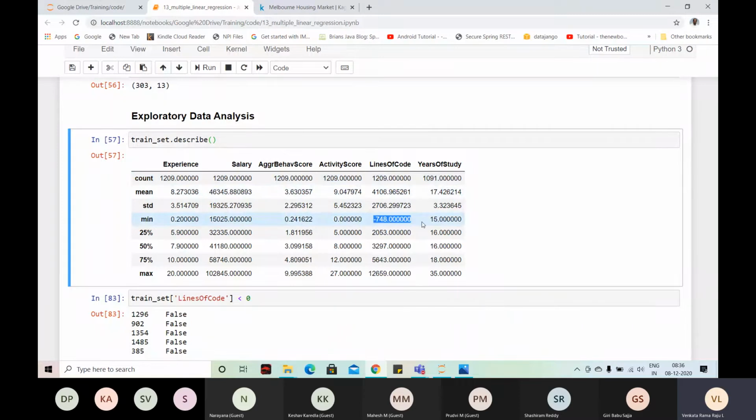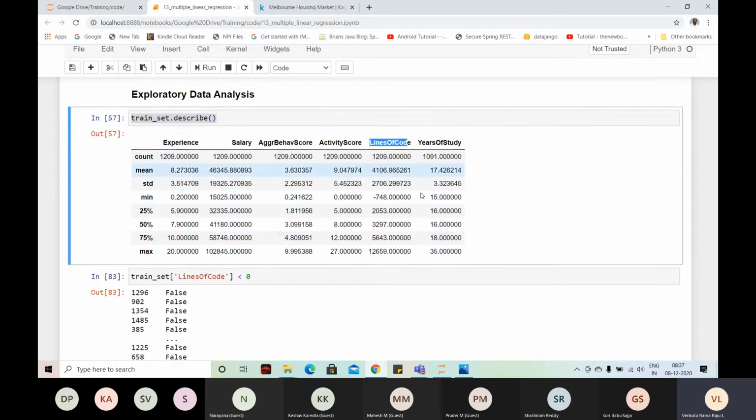Negative numbers should not be there in lines of code. A person, how much coding they did, Python coding or Java coding or C coding, should not be a negative number. That means there is something wrong with this column. So when you look at describe, you get that high level picture, and you can focus on the columns which you think have problems.